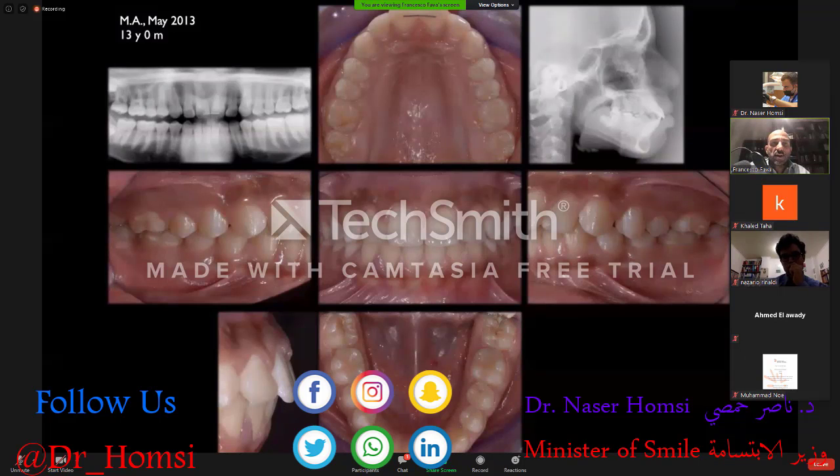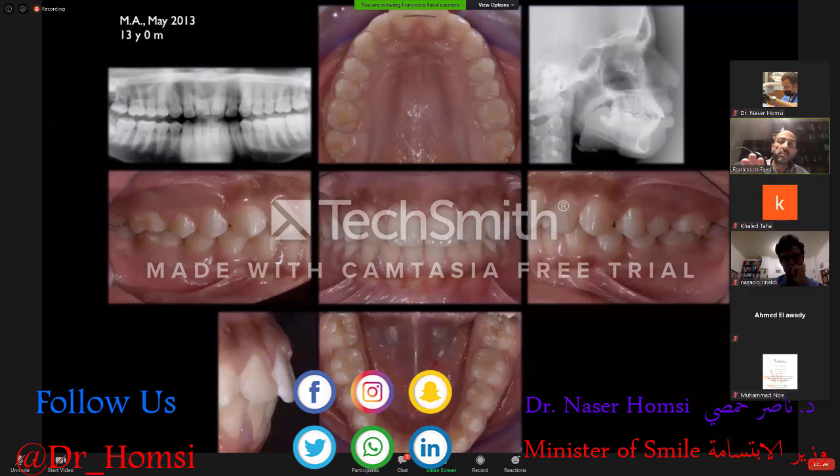And in the final records, I would like to share with you the very nice posterior occlusion. And this was possible because the posterior occlusion was not modified at all. This is just the natural dentition of the patient.